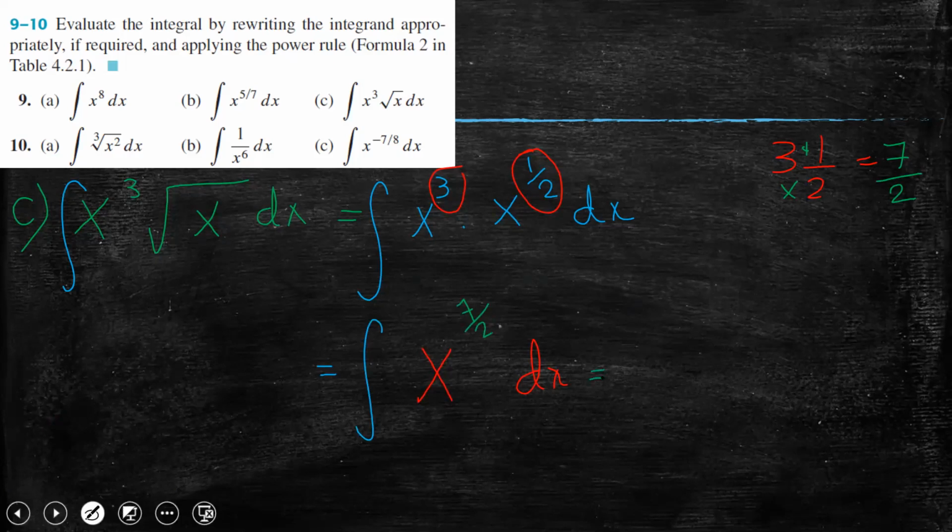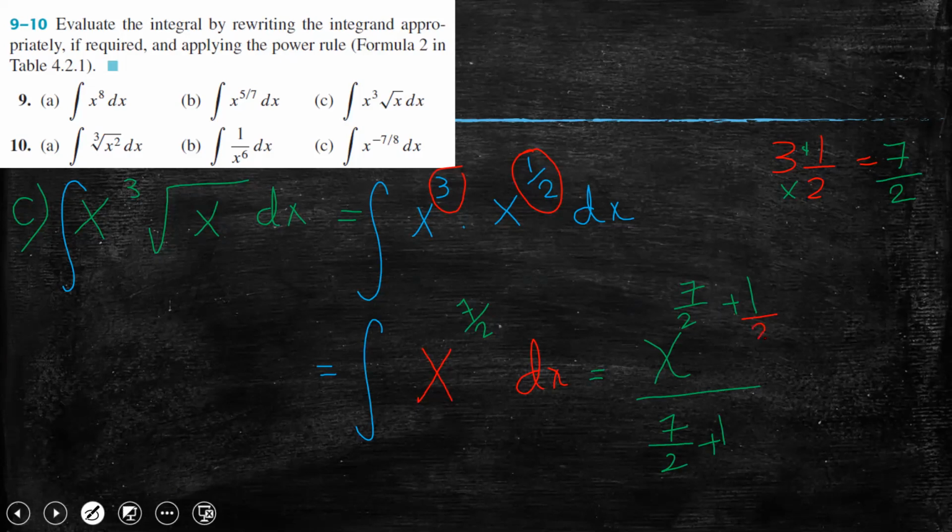By now, I didn't integrate. Now I will integrate. So it is x to the power 7 over 2 plus 1, over 7 over 2 plus 1. Then, as I did before, here I have a whole number added to a fraction. So I will look at the denominator of the fraction.